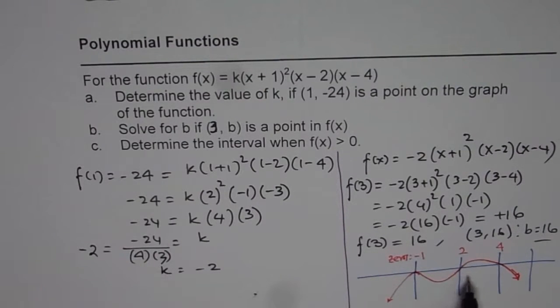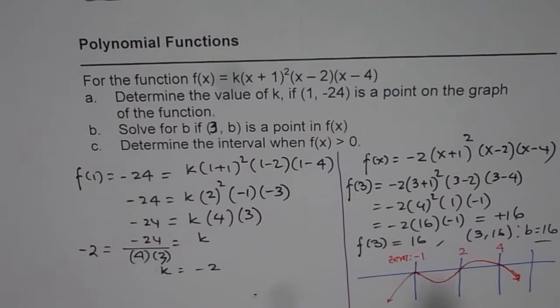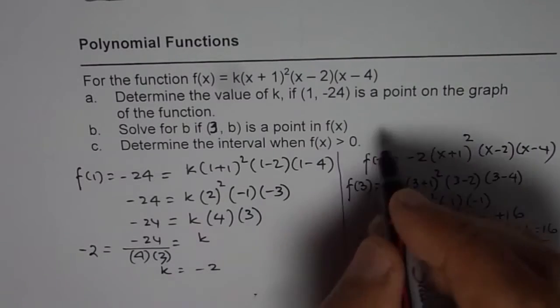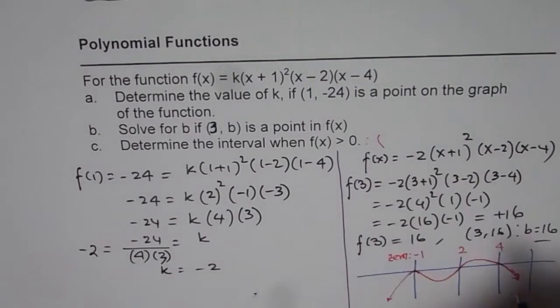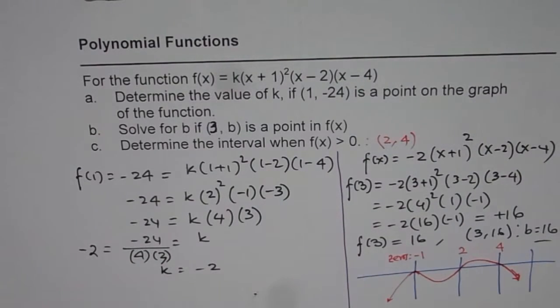From the graph you can see when f of x is greater than 0. It is greater than 0 between 2 and 4. You see that? So that is the interval where f of x is greater than 0. For this we get the answer as between 2 and 4. That is using the graph, right?